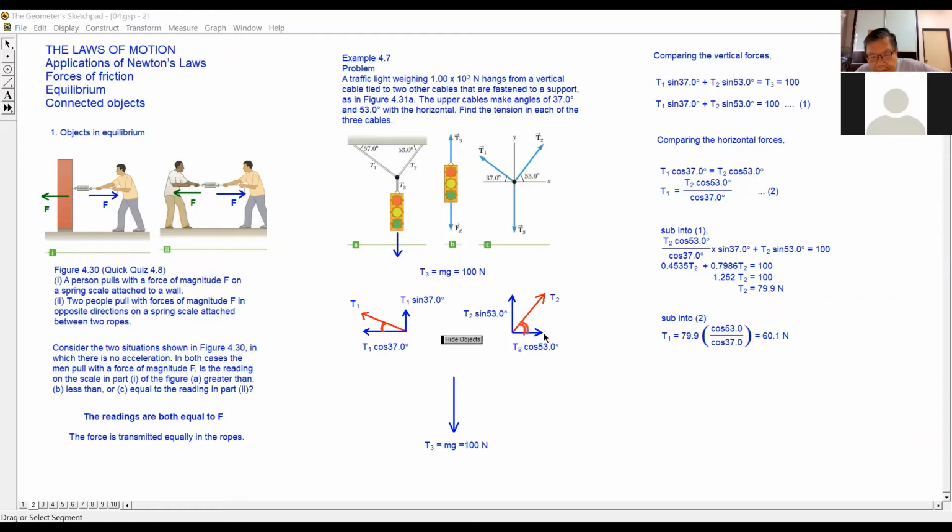So the horizontal component is T2 cos 53. The vertical component is not adjacent to the angle. The vertical component is T2 sine 53 degrees.